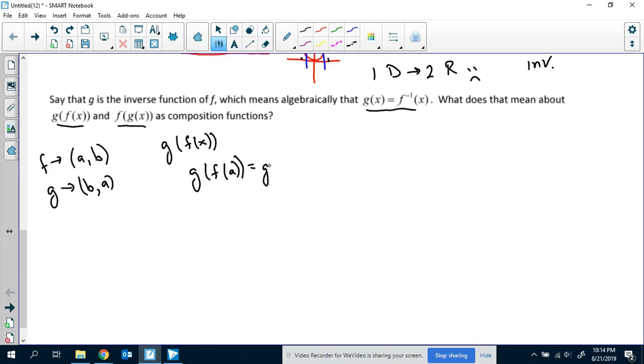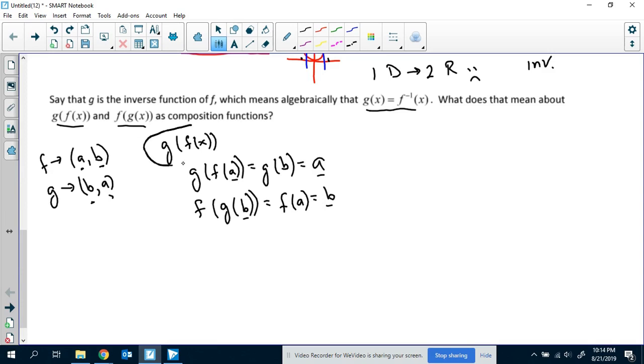It turns into B. G of B gives me A. Likewise, if I take F of G of B, I get F of A, which is B. Notice G of B gives me A, and then F of A gives me B. Notice in both cases, what I started with and what I ended with are the same.